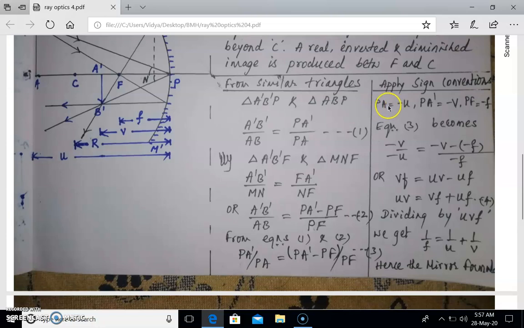Here PA is the object distance measured in a direction opposite to the direction of light from pole of the mirror, that's why it is minus U. PA dash is the image distance, that is also negative. PF is the focal length, that is also negative.